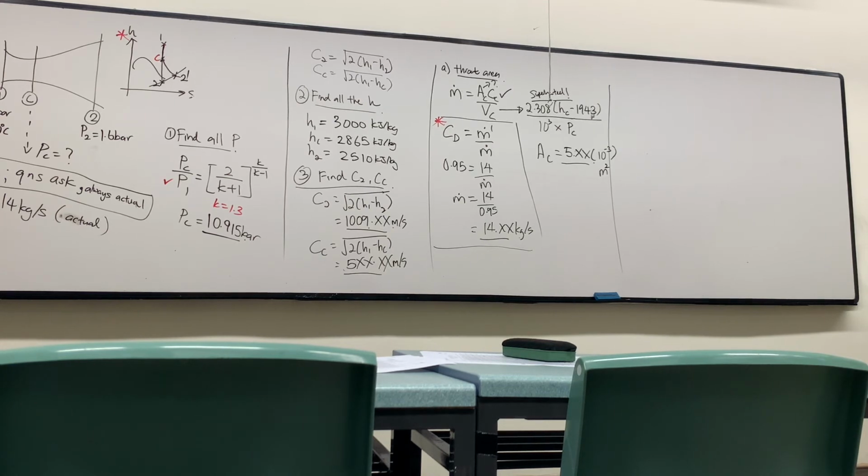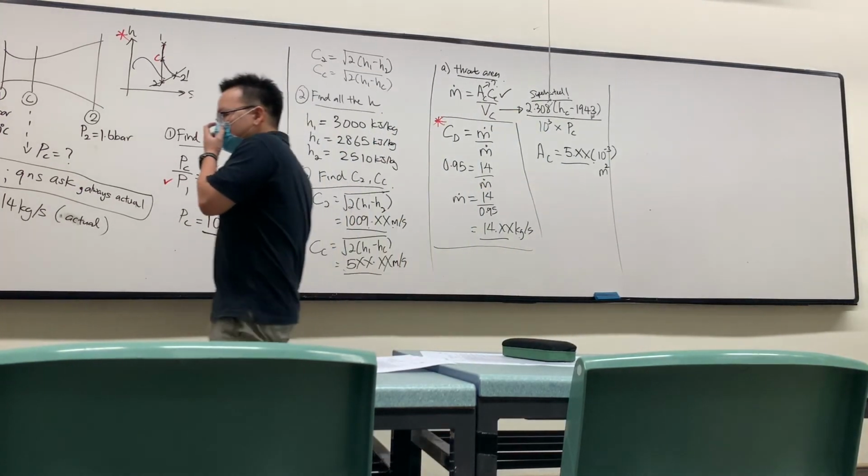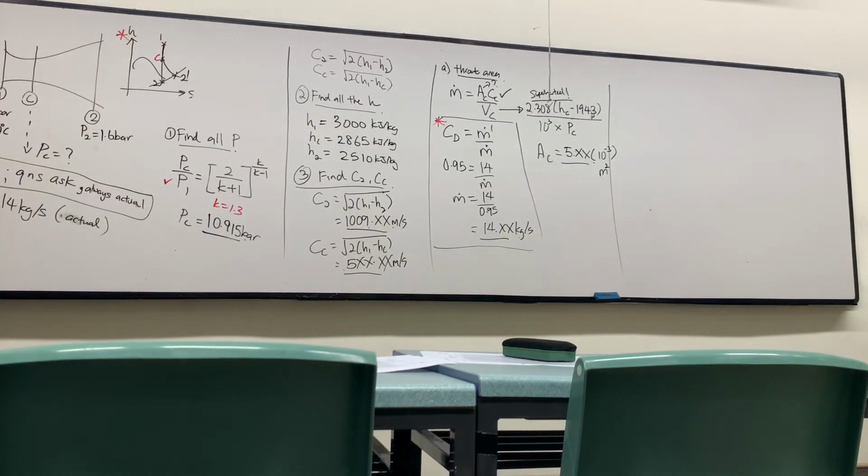Okay, where's the C point? Here. So both the same color. Start like velocity.